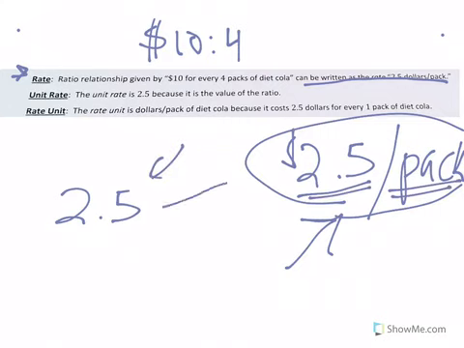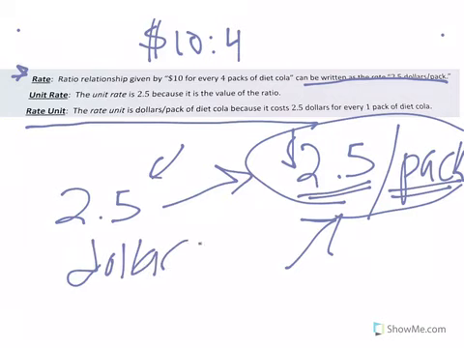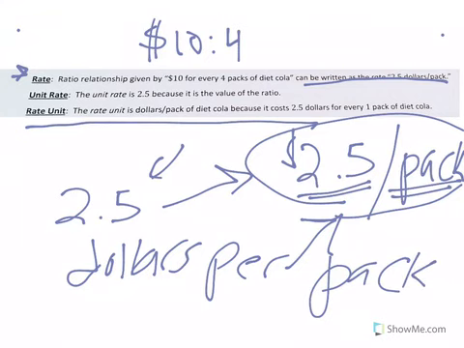That's the value of that ratio. All right. The rate unit is dollars per pack of Diet Cola. That's just telling us what they're looking at, right? So we're comparing dollars per pack. So we have rate, which would be 2.5 per pack, unit rate, which is 2.5, and rate unit, which is dollars per pack of Diet Cola. Okay, let's keep moving.